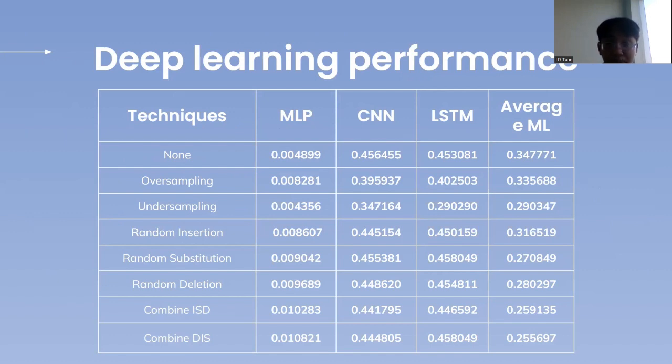But the LSTM and CNN perform generally better than the average of the machine learning models, by about 10%, and the data augmentation techniques such as insertion, substitution, and deletion perform better than not applying any technique, different from the machine learning models.